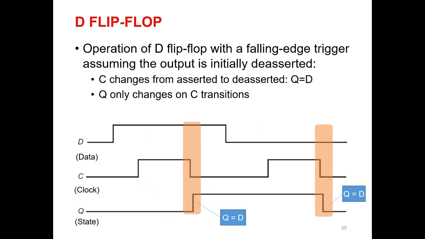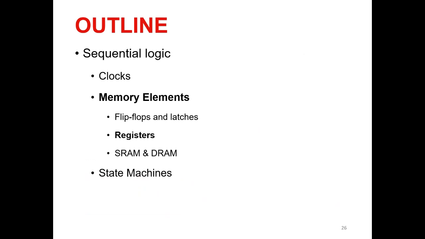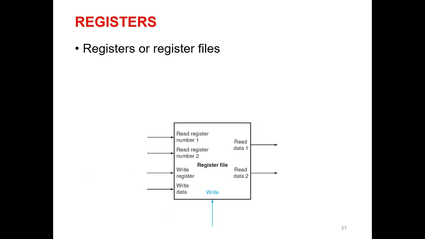So now, with this information, we are ready to see how registers are created. Remember the registers we were using as operands in the arithmetic operations? With this information, we can see how register files are created.